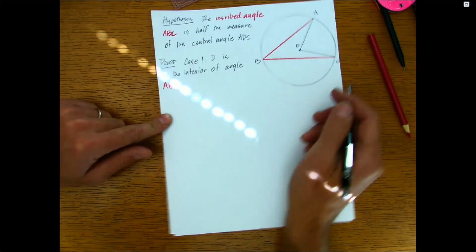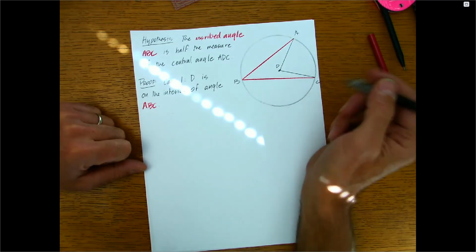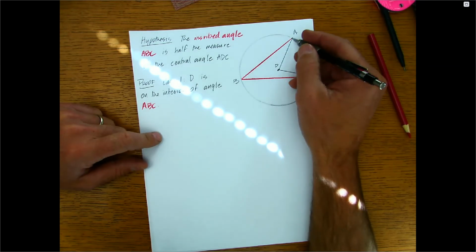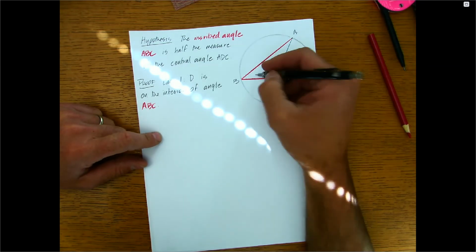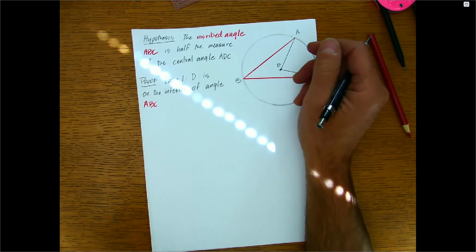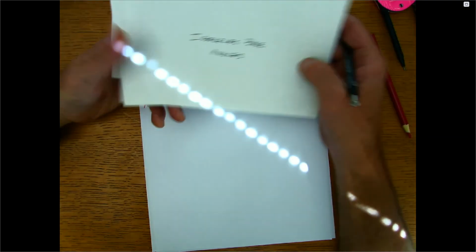All right, so let's think about this. At this point, what we really want to show is that this angle ADC is twice the measure of this angle ABC. And we don't have a lot of artillery in terms of what we can use.